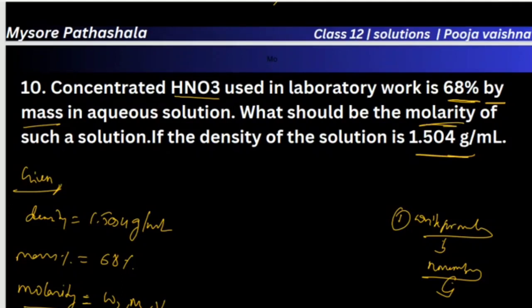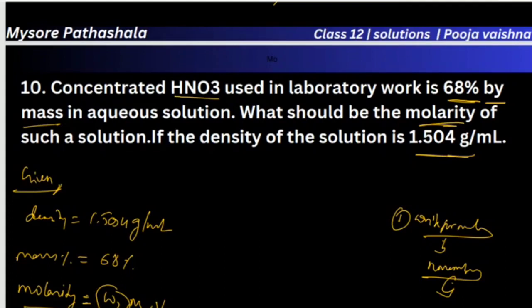These are the three things I need. Have they given a value for W2 here? No. For M2? No. For volume? No. They have not given the direct value, but indirectly they have given the value for all these three.